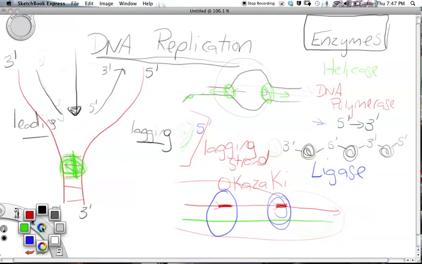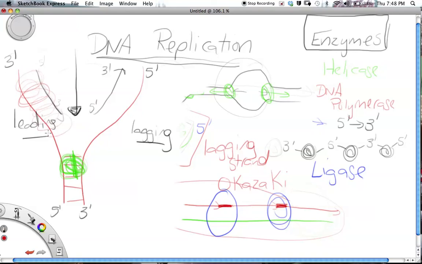And that's where polymerase comes in and continually goes this way, and we'll go backwards this way, and then again backwards, and that's where your ligase will come in.